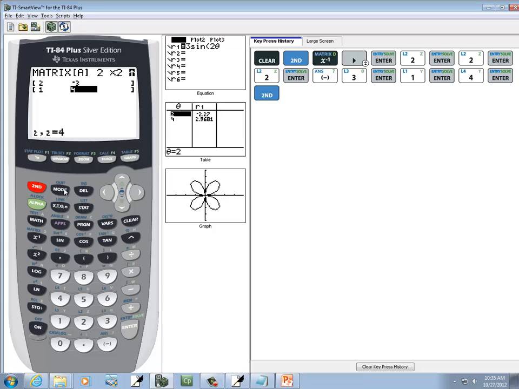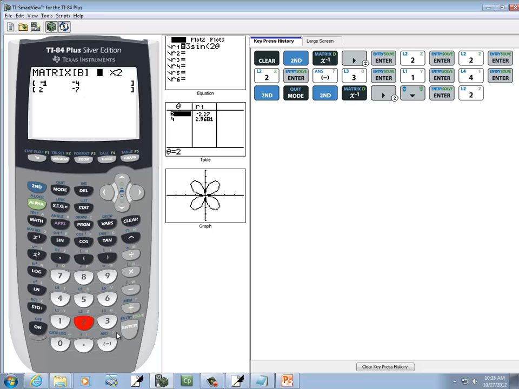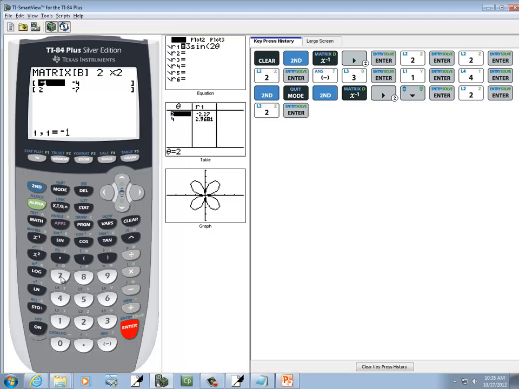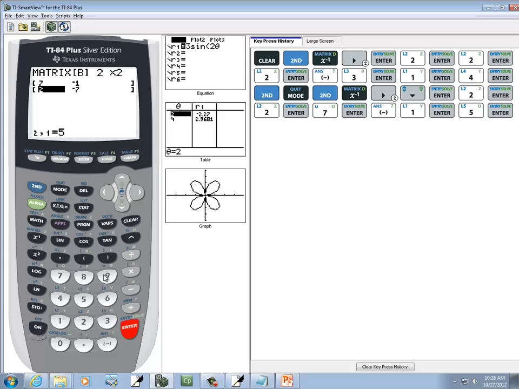Exit out, second mode. Go back into our matrix menu. Right arrow over to edit, down arrow to B, enter, and it's 2 by 2. And we got 7 enter, negative 1 enter, 5 enter, 9 enter.